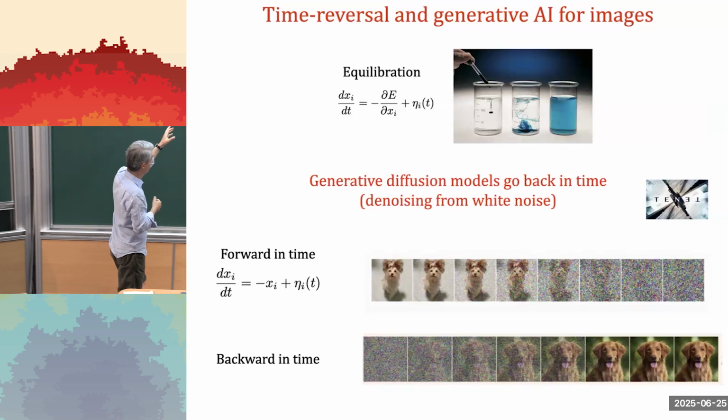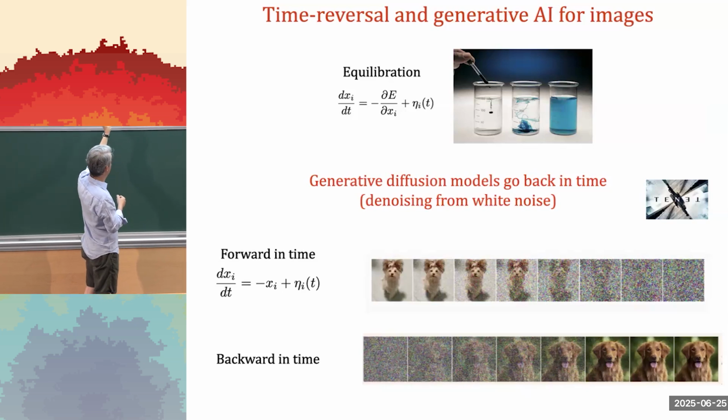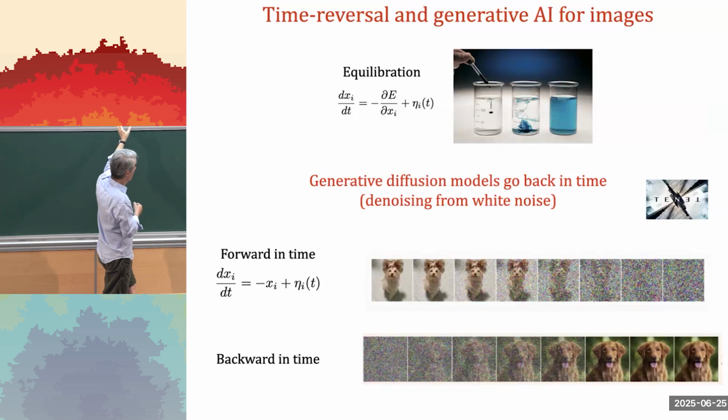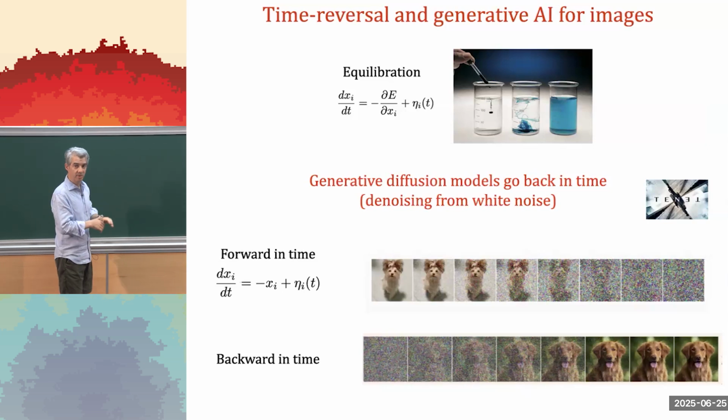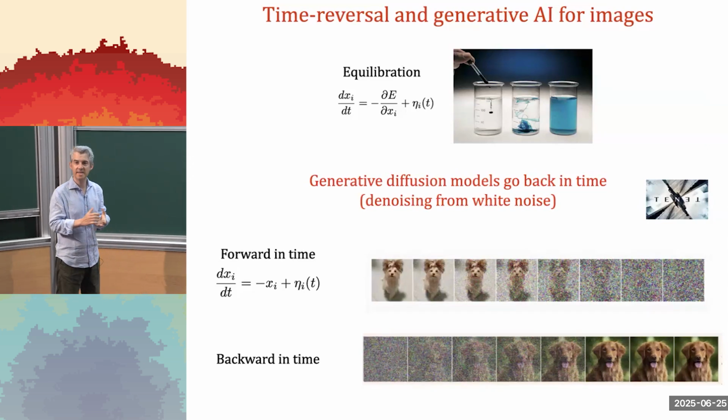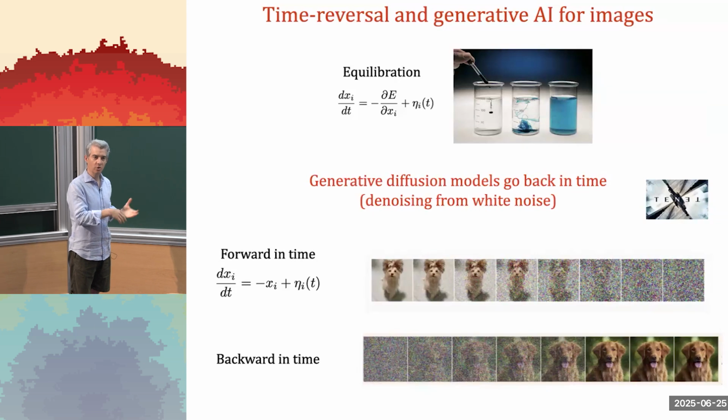This is exactly what they do. You pick a white noise configuration, they know how to do the time reverse, and when they time reverse, they get a new configuration of the original probability distribution. So that's the idea. I'm going to explain in detail how it works, but that's the idea: you have a very simple process, Ornstein-Uhlenbeck, that transforms a complicated probability distribution into a simple one.